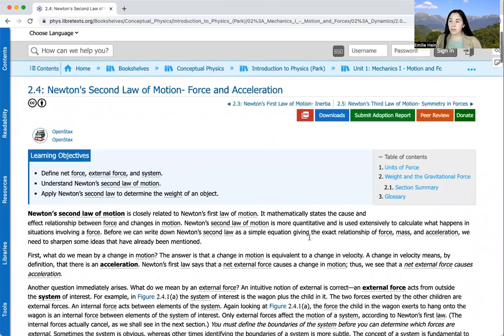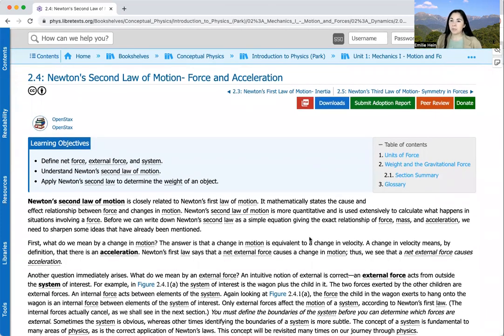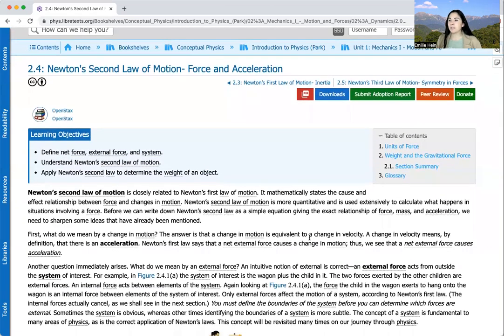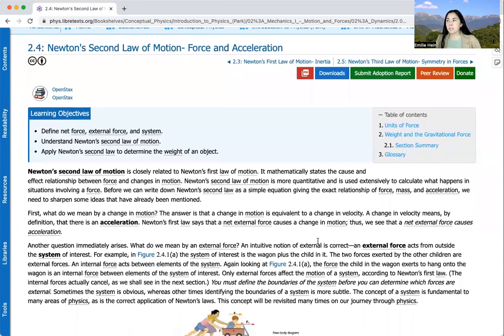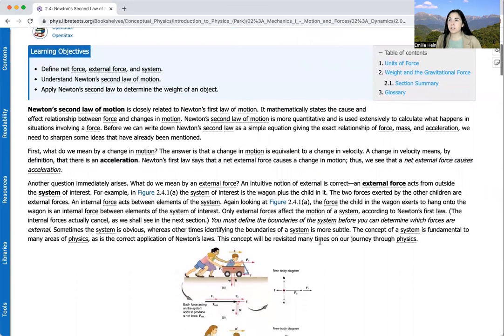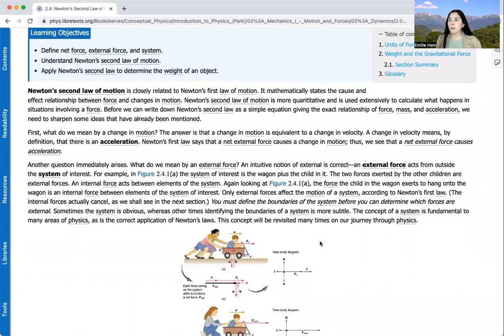This one we use a lot, especially when we're trying to find relationships between the forces that are acting on an object and its acceleration. So this one is the one that we usually use when we have to work out values of the forces or accelerations. So when you have to do calculations, that's often one that you're going to be using.